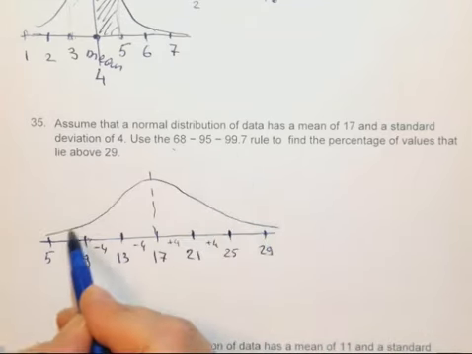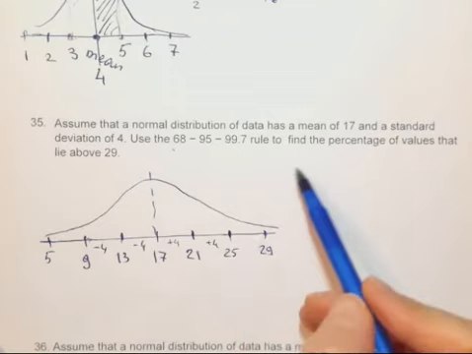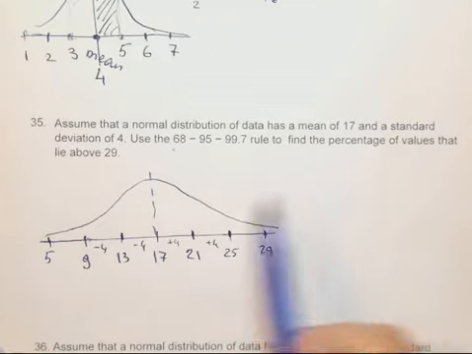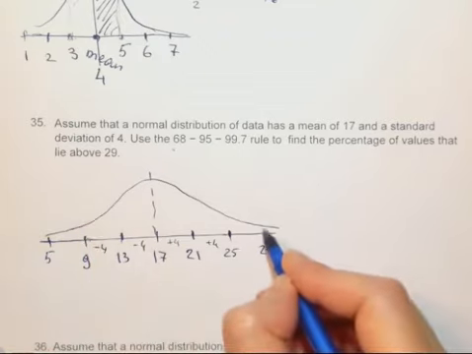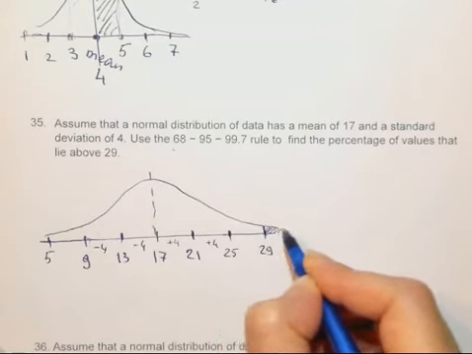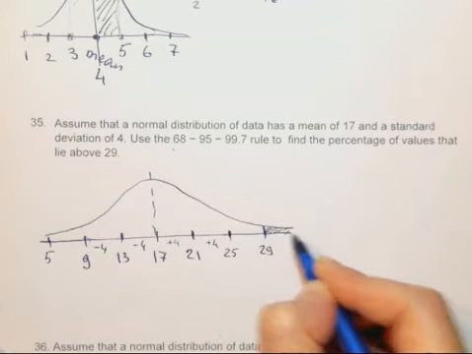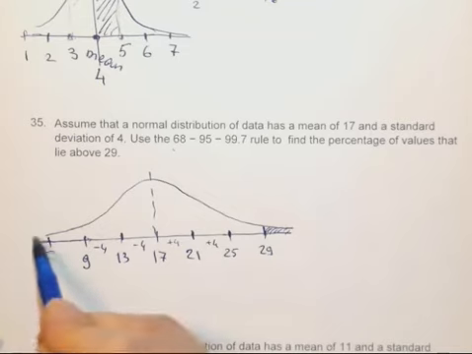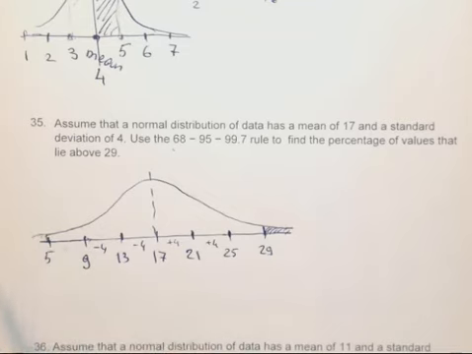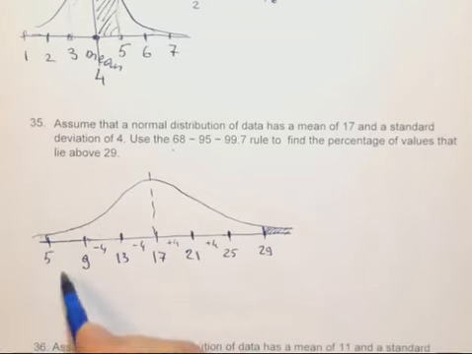99.7% of data values. Find the percentage of values that lie above 29. Oh, a very small number. Don't forget the distribution is symmetric.